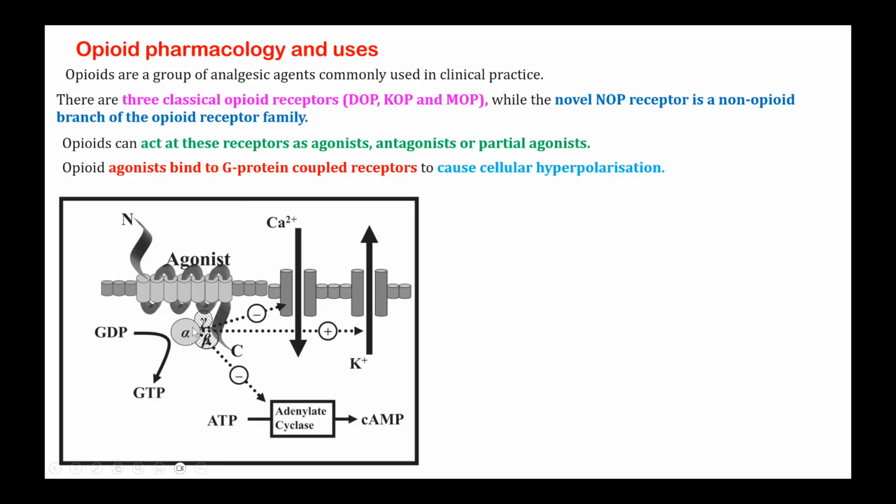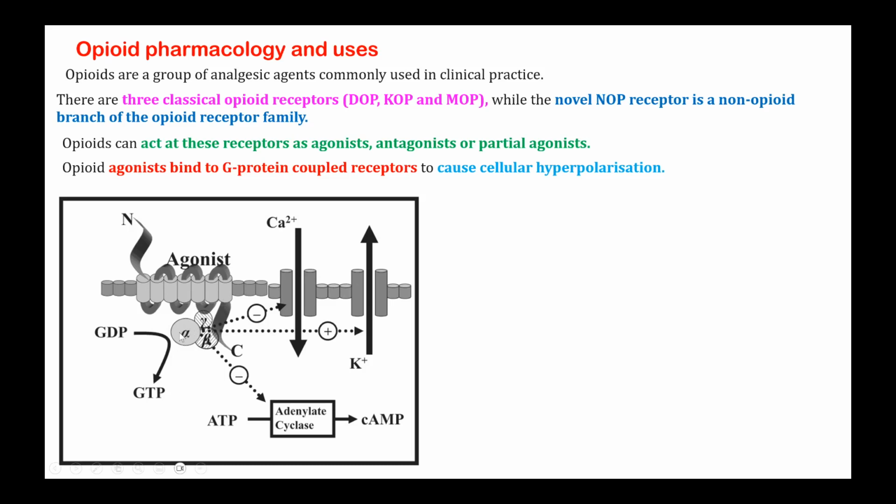Of that, the gamma and beta are always clubbed together, and alpha is a separate unit. So once the stimulus comes here from the exterior, this is the cell membrane, and the signal has to travel through 7 parts. That's why it's called a 7 transmembrane or 7 serpentine receptor, because it bends like this and comes inside.